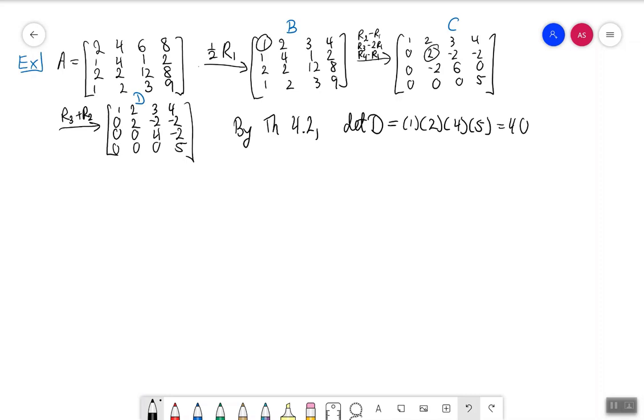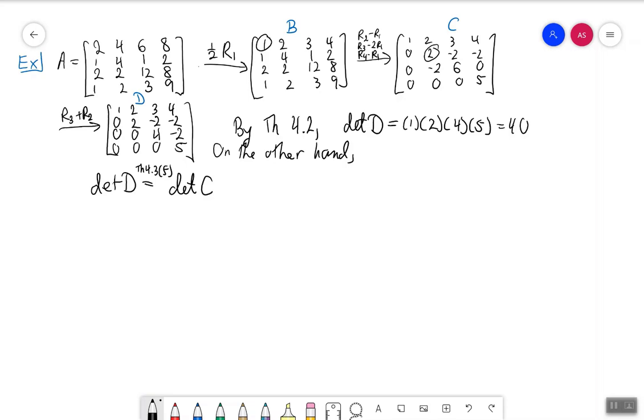On the other hand, the determinant of D is equal by theorem 4.3 part F to the determinant of C.